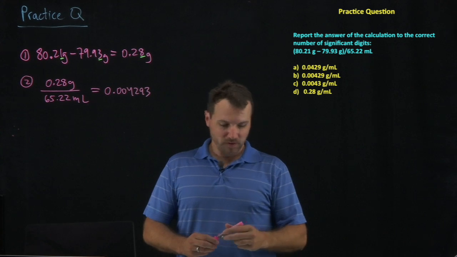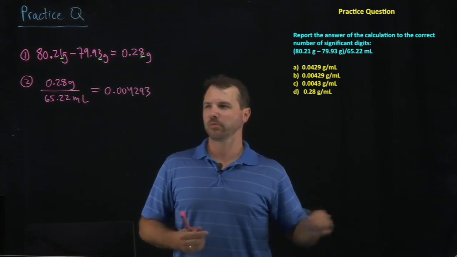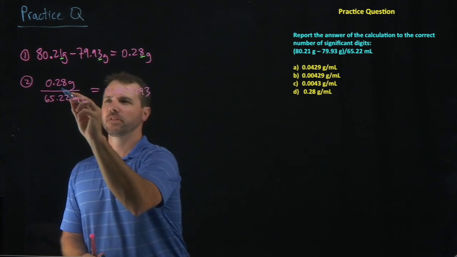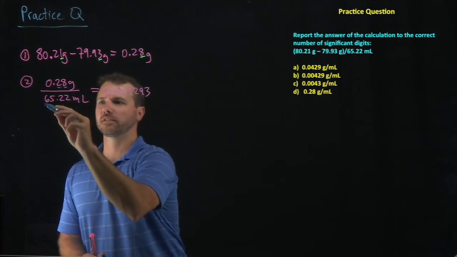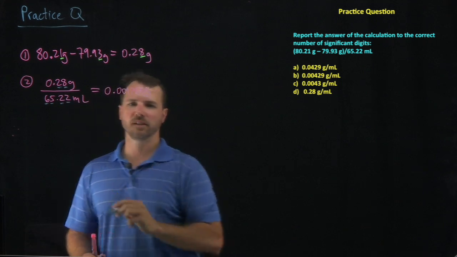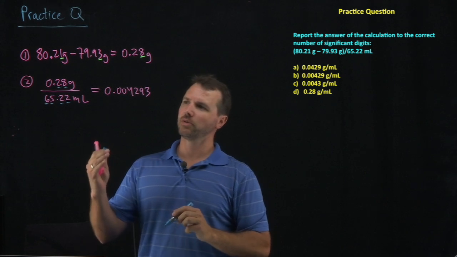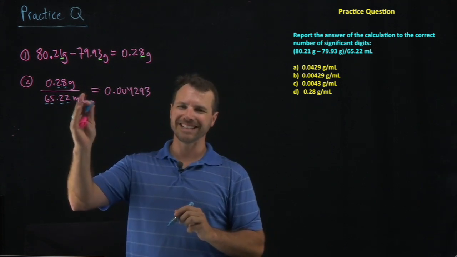So now the question is, well, how would we express that with the right number of sig figs? So again, now we have division. So we're going to take 2 sig figs, we divide it by 4 sig figs, and so when it's multiplication or division, you use just the number with the least number of sig figs.